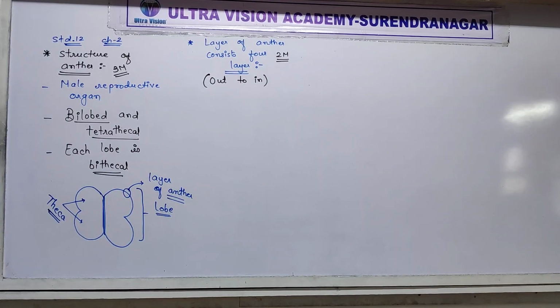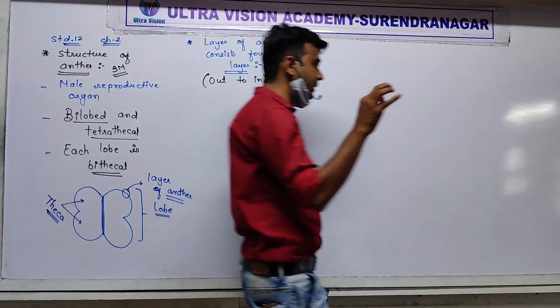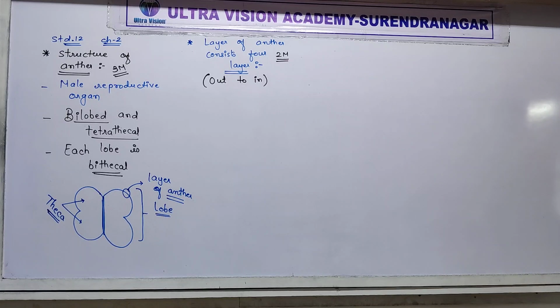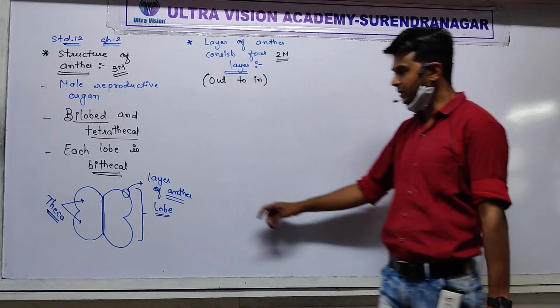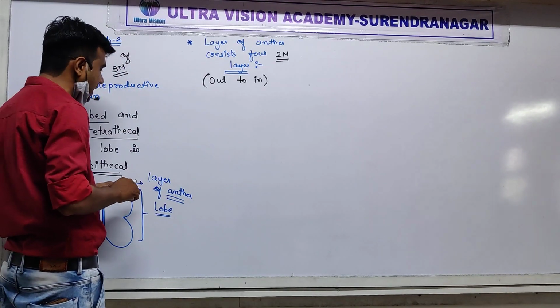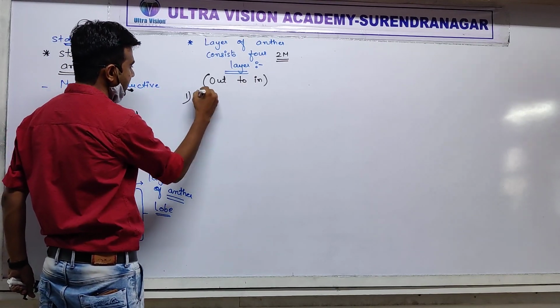No need to draw the diagram there, but you only write in the proper way that a typical anther is bilobed or tetrathecal, and each lobe is bithecal. But the outermost layer, the anther wall, is made up of four layers, and the condition is that we go from out to in. Okay, so one by one we will take it in detail.